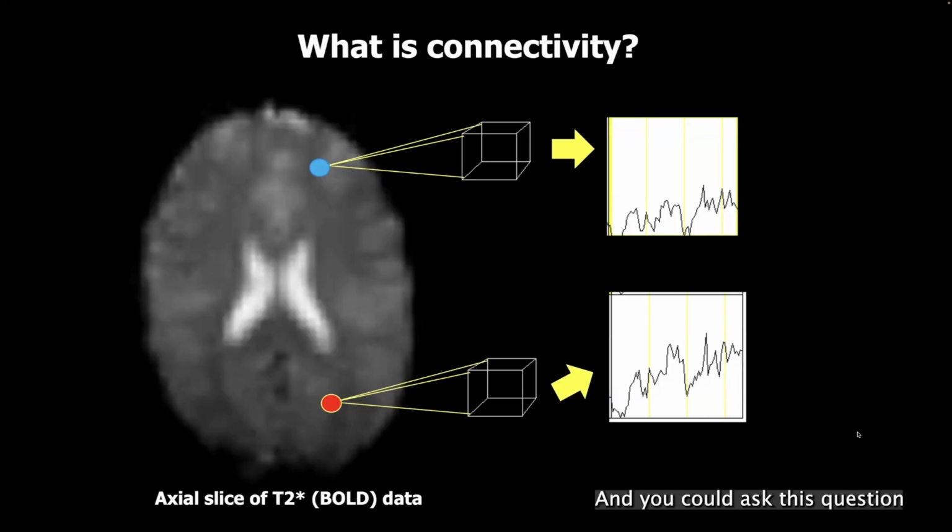If you just picked the blue voxel, you could look at all of the voxels in the brain, thousands of them, and determine which had similar time series or BOLD response. In this case, the red and the blue voxel are somewhat related, but those time series are reasonably different, so it might get a medium correlation. Then you move on to the next voxel, and over time, you look at those that are the most highly related to one another.